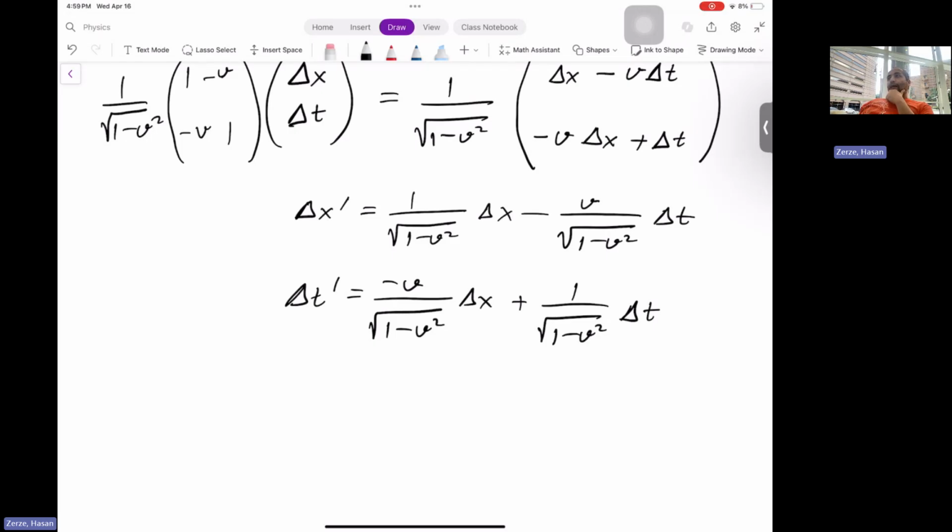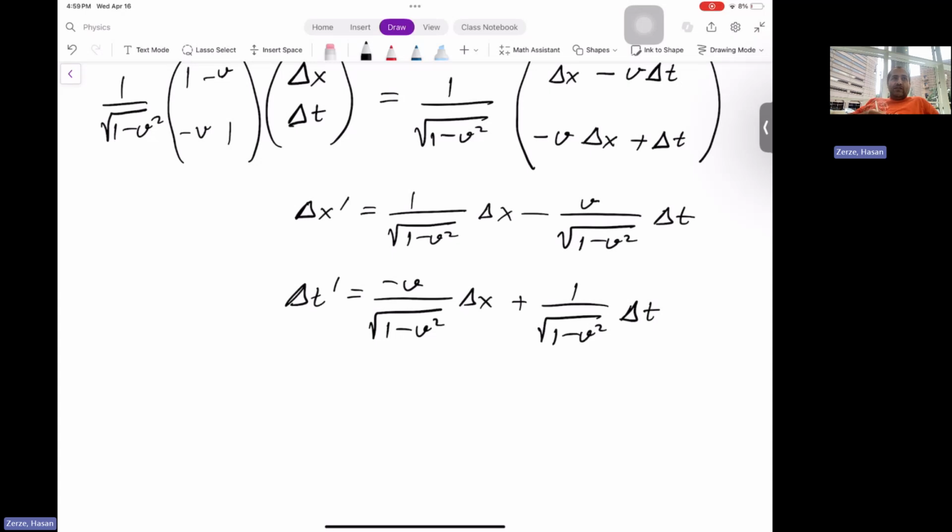In order to understand this, we need to think about what is a length measured by observer B. So basically, a length observed by an observer B is simply the delta x corresponding to no change in time. So when we measure things with our rulers, we measure it specifically at the same time. So observer B should make sure this delta t prime is 0.